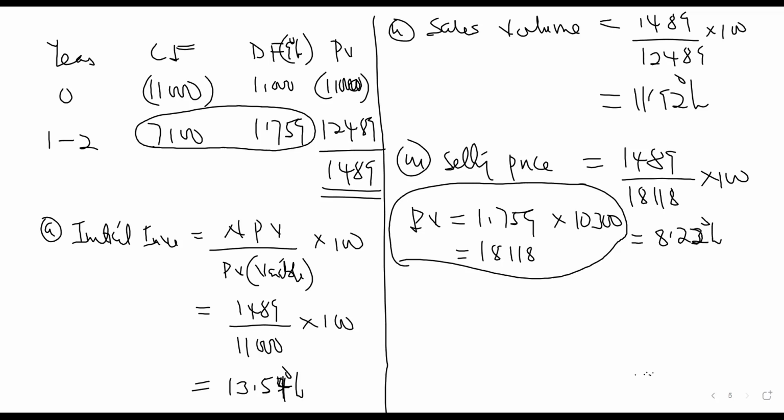What is the interpretation over here? If the selling price reduces by 8.22%, the project will break even. But if it goes above that, what will happen? They will make a loss.